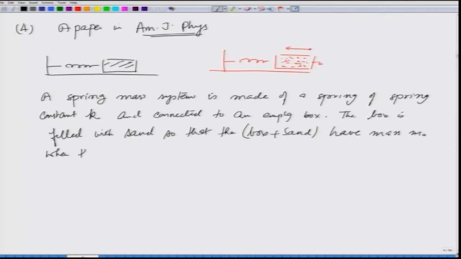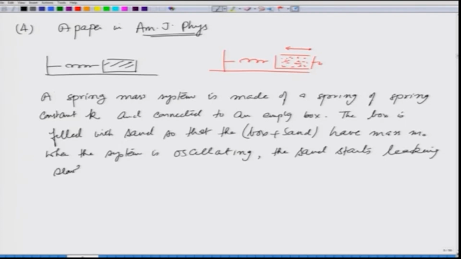When the system is oscillating, the sand starts leaking slowly from the box with negligible relative velocity with respect to the box.